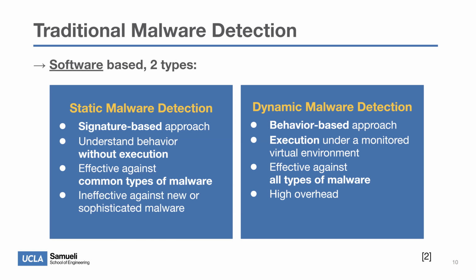However, each of these methods has its own drawbacks: static cannot deal with new or advanced malware, and dynamic is more time consuming, and the overhead of analysis is large. Overall, traditional malware detection methods have limitations which allow attackers to remain undetected.